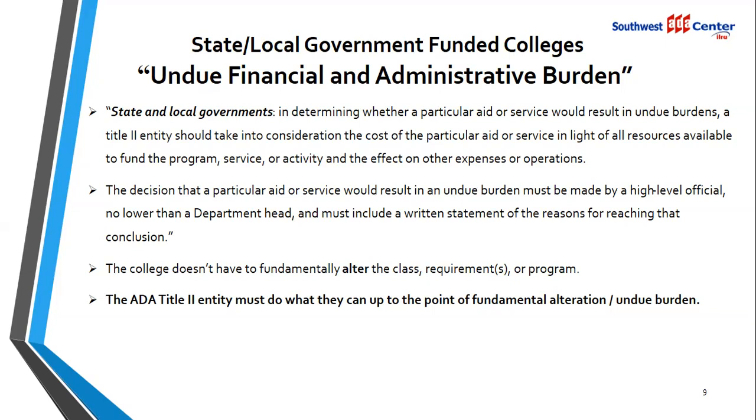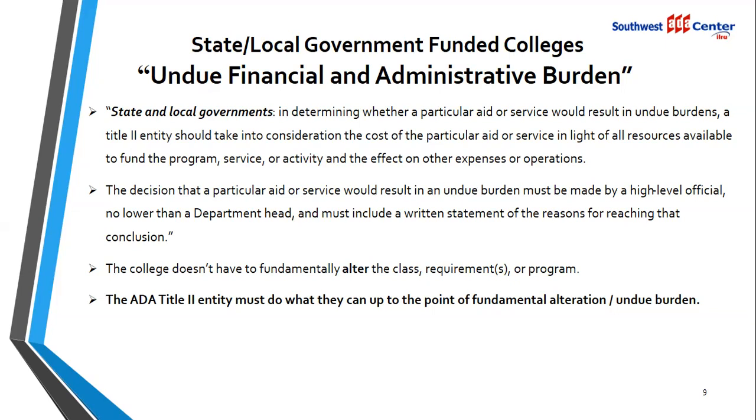States and local governments, in determining whether a particular aid or service would result in undue burdens, the Title II entity should take into consideration the cost of the particular aid or service in light of all resources available to fund the program, service, activity, and the effect on other expenses or operations.